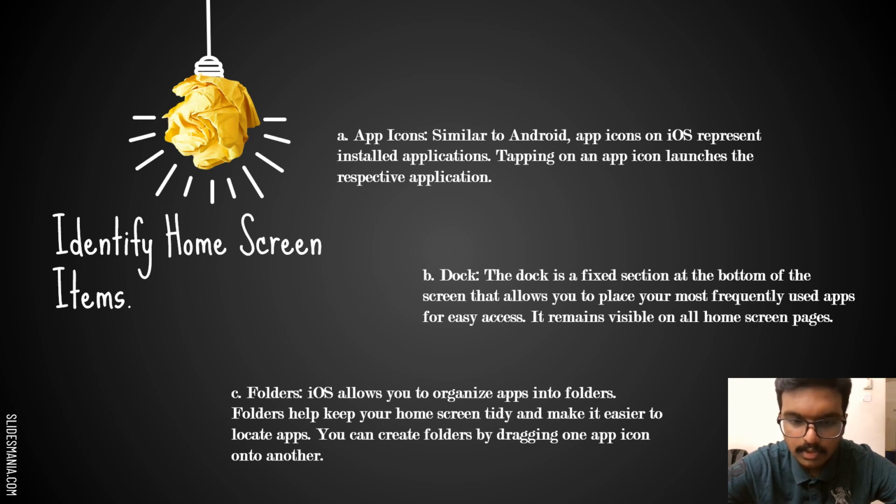And for C, folders. iOS allows you to organize apps into folders. Folders help keep your home screen tidy and make it easier to locate apps. You can create folders by dragging one app icon onto another.